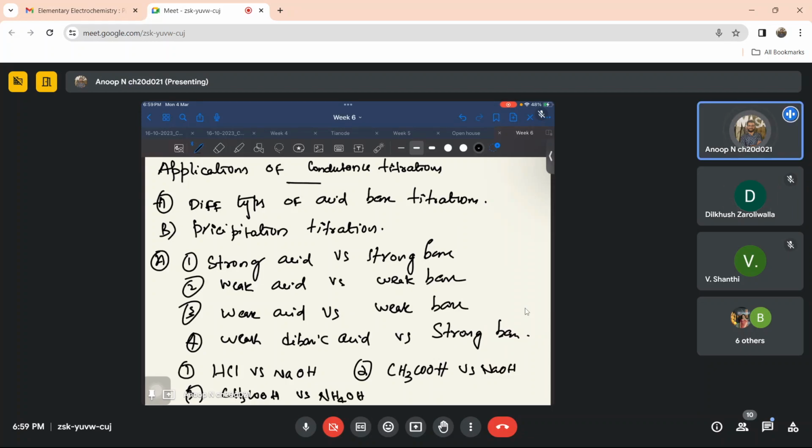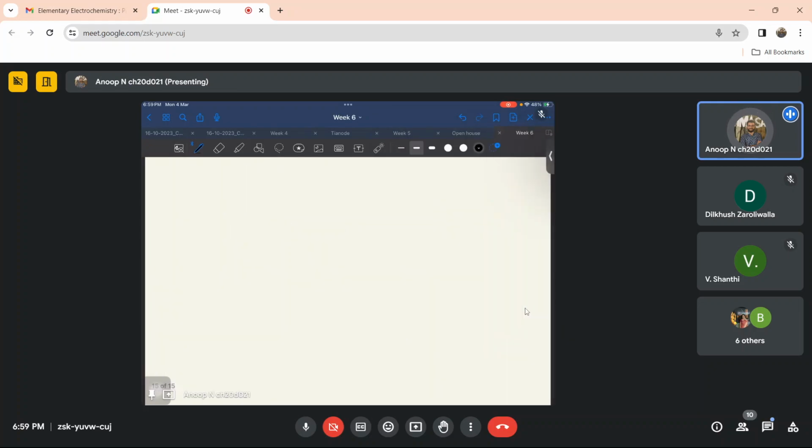Then fourth case, we have already seen this part in the pH calculations and volumetric titrations. This is nothing but carboxylic acid COOH versus NaOH. Then the second type of titrations are the precipitation titrations. What is the example of precipitation titration?